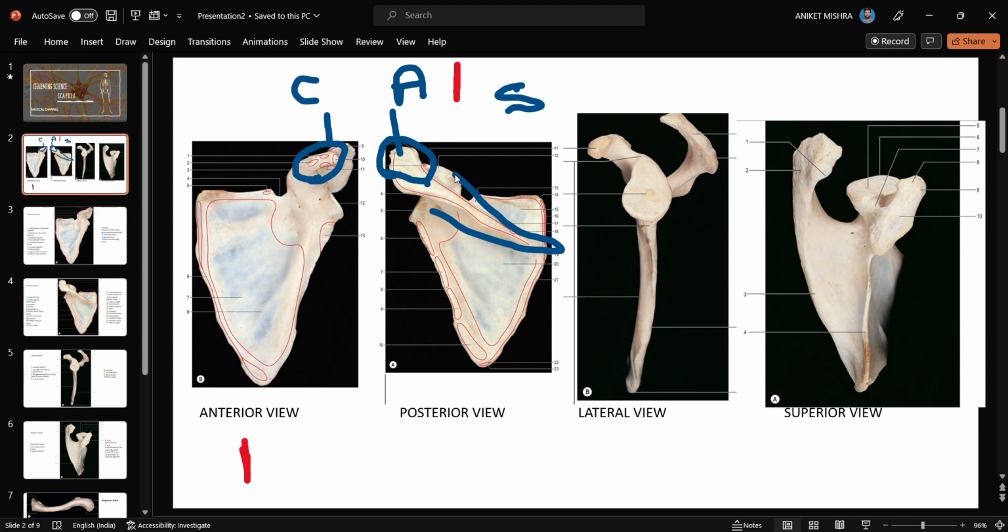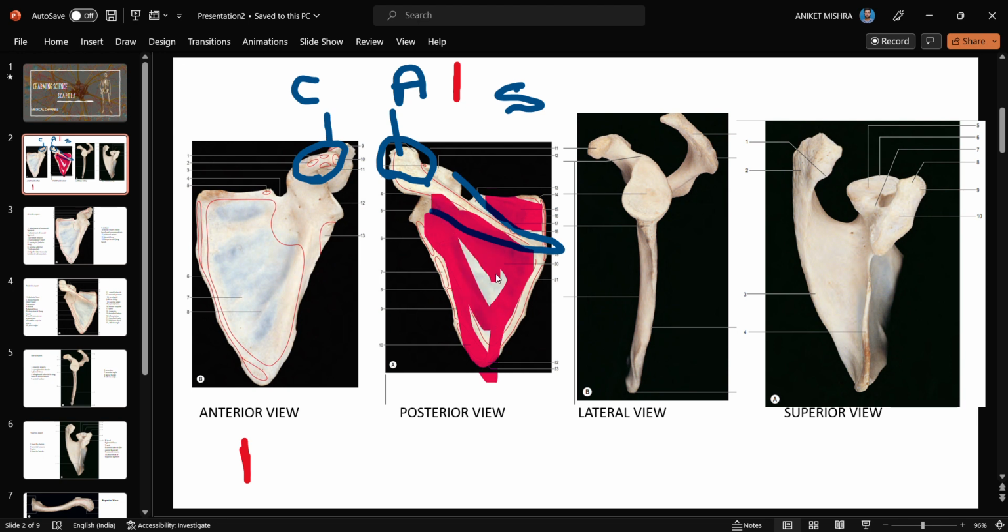One of the major things is that it divides the posterior or dorsal surface of the scapula into two parts. This one is the supraspinous, and below the spinous process is the infraspinous.